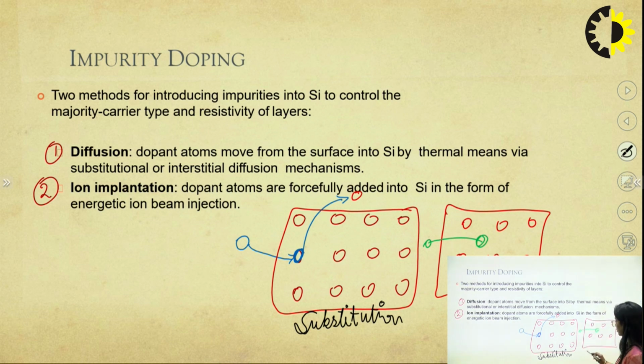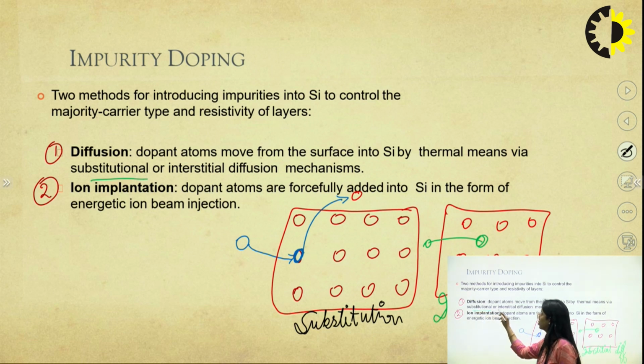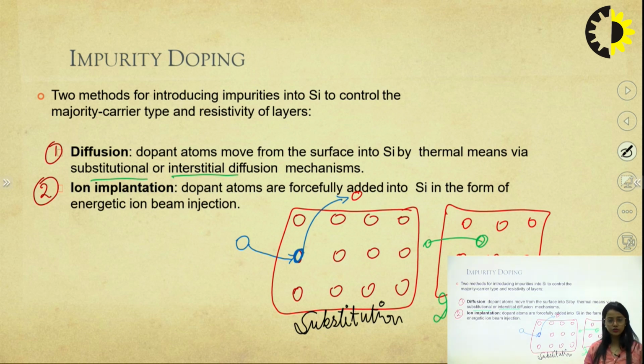So this is called interstitial diffusion. So we have substitutional or interstitial diffusion. Whether substitutional or interstitial, both are processes which are thermally enabled.